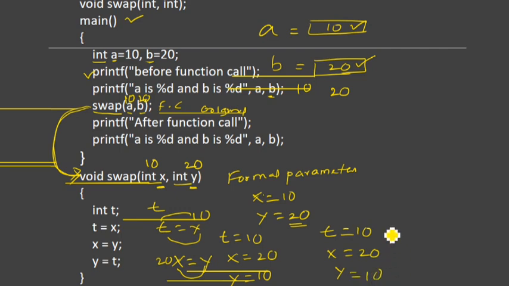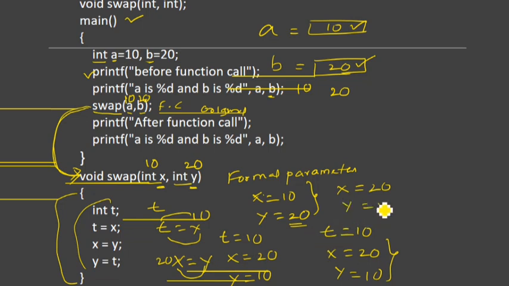Everything here is happening inside the user defined function. Initially x is 10 and y is 20, but after execution, x becomes 20 and y becomes 10.